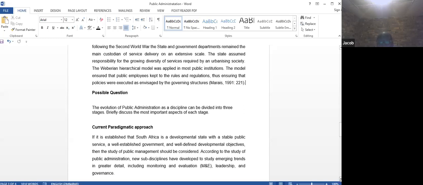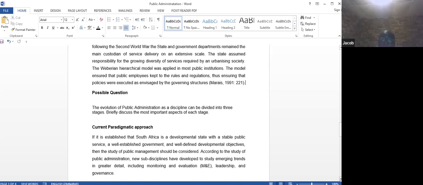But in South Africa, it is a debate whether it is a developmental state or not. Why do I say it's a debate? Because some of the characteristics found in a developmental state are also found in South Africa, but some of the characteristics are not present in South Africa.